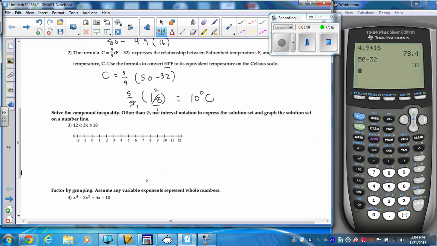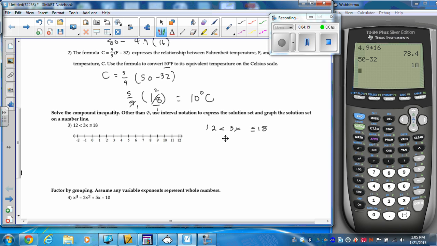Question number 3. We have this compound inequality, and we're going to use interval notation to graph this. So some people divide this into 2 sets, and some people just divide all of the pieces by 3.